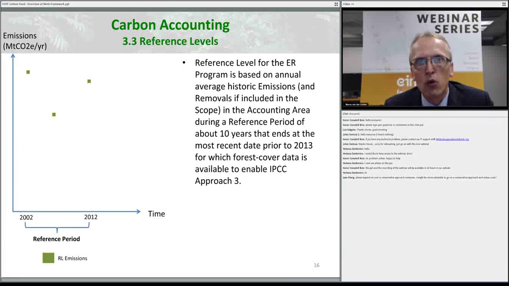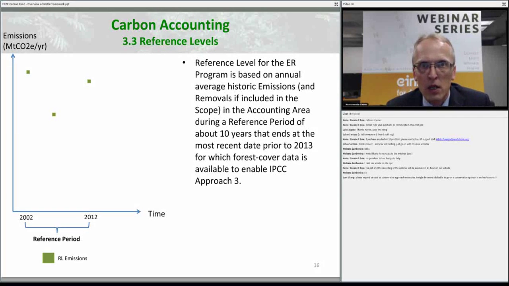So just to clarify, we're talking about IPCC Approach 3, which is the approach that says that you have to be spatially explicit. I'm not talking about IPCC Tier 3, which is the level of detail that you have in your emission factors. Basically it says you need to have spatially explicit forest cover data, and ideally the most recent date for that will be 2012.